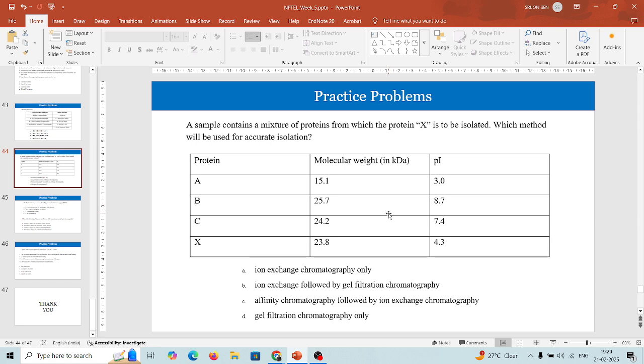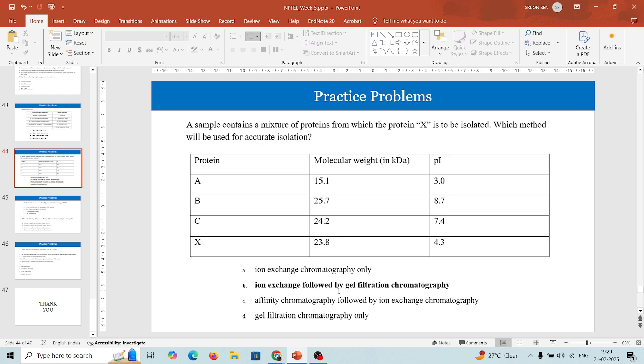So first you do ion exchange to separate out A and X from B and C. Then you go for a gel filtration, which would separate out the two different molecular weight proteins from the mixture. So B is the correct option.